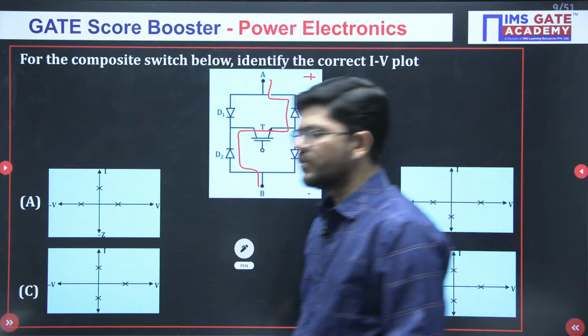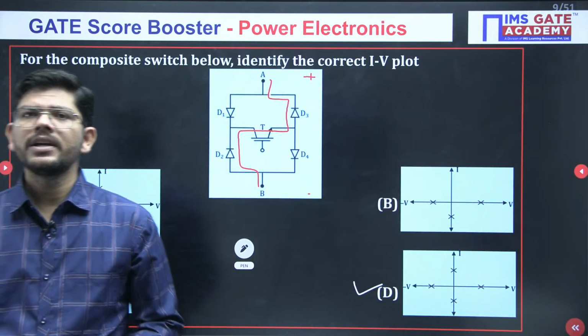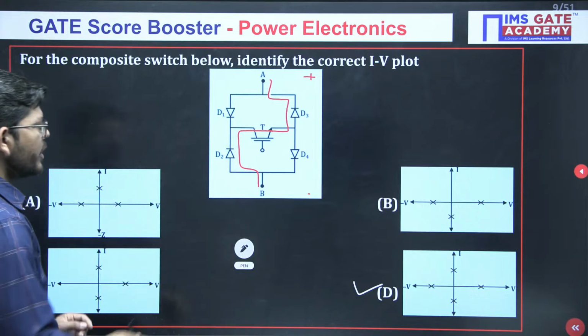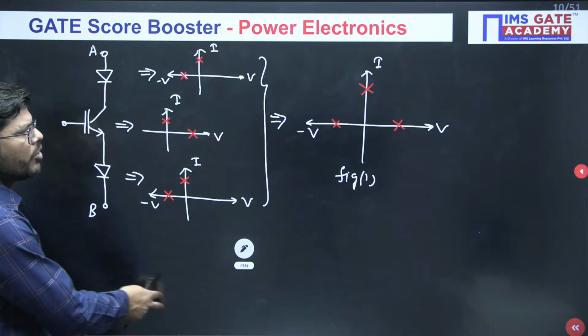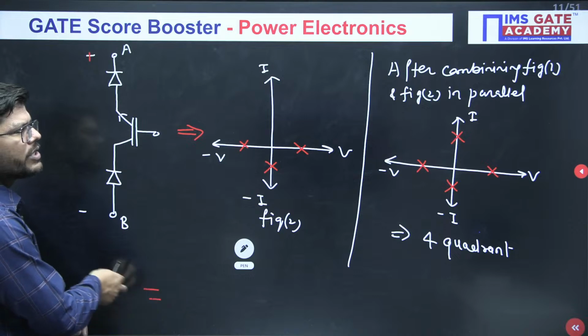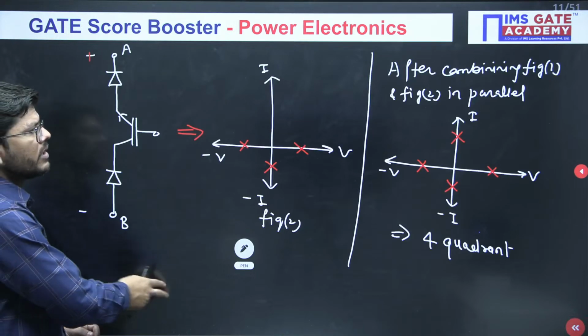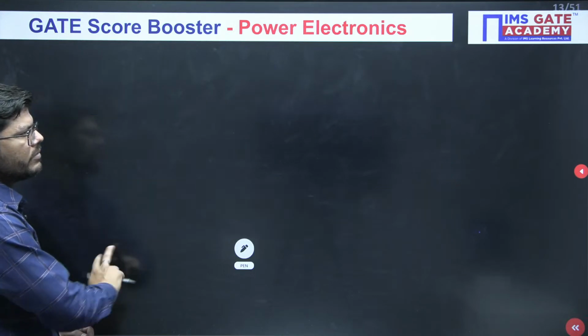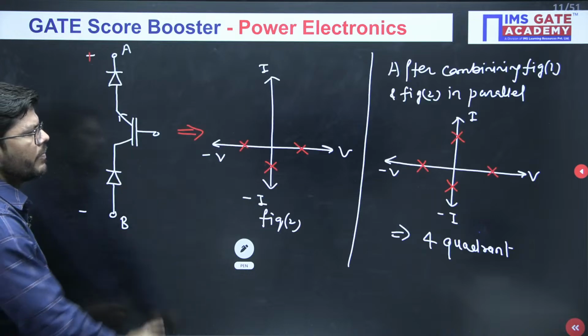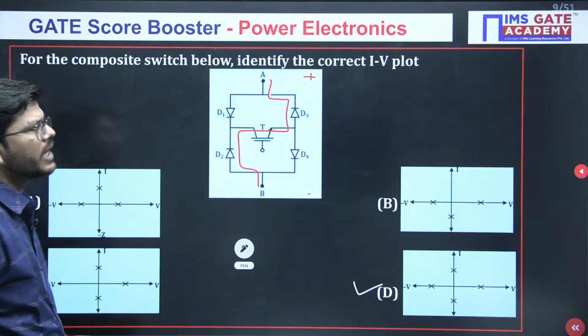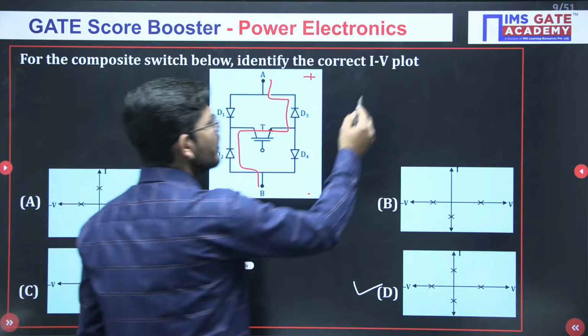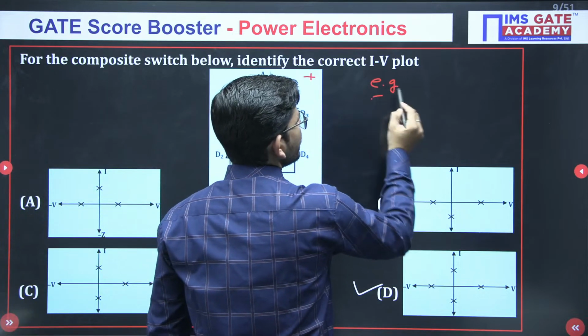Okay, excellent, very good. So those who were not able to solve this particular question, this is how you have to approach these kinds of combinations. Now I'm giving you another task.